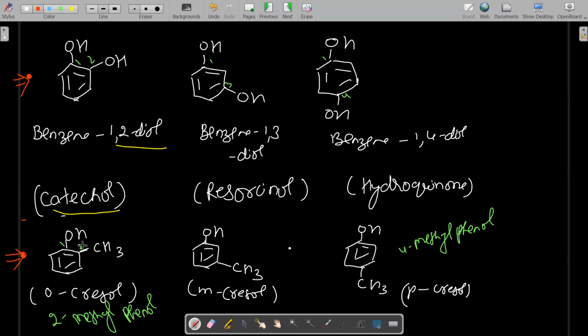If we keep a CH3 group at the ortho position, meta position, and para position, the IUPAC names you can easily write: 2-methylphenol, 3-methylphenol, 4-methylphenol. But the common name of this compound is cresol. It is ortho-cresol, meta-cresol, and para-cresol. Right? Okay.